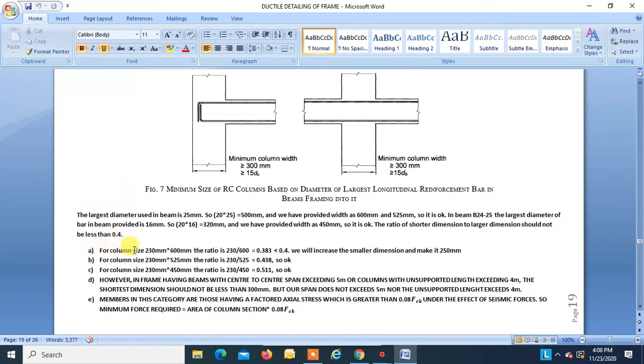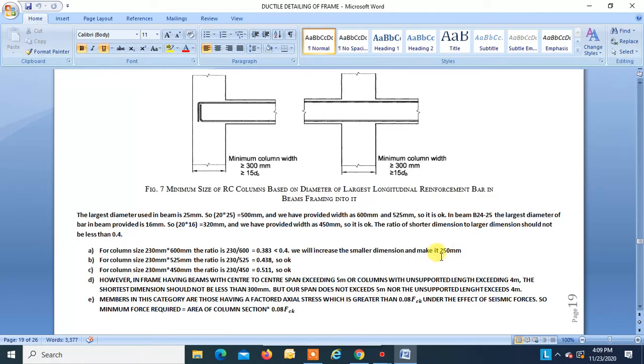For 230 by 600, the ratio is 0.383, which is slightly less than 0.4. Actually the required width is 240, but we will provide 250. Don't worry, by changing this width, nothing much will change in the result of the analysis.